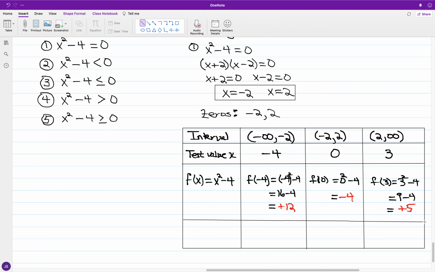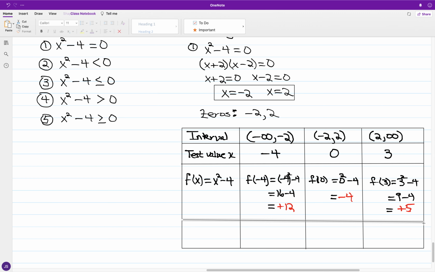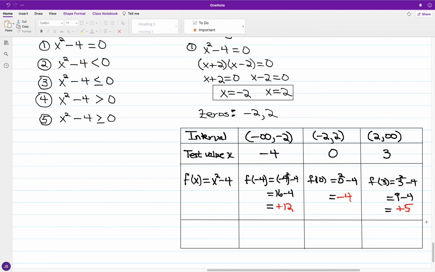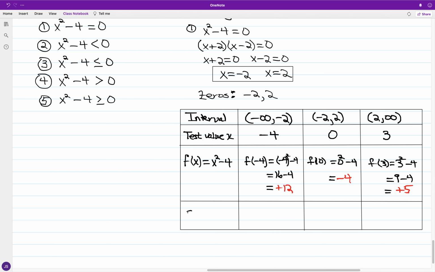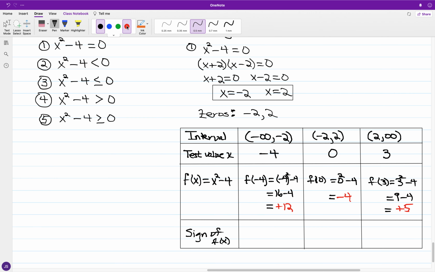In the case of the sign of f of x, anything you plug in less than -2, the function output is going to be positive, so f of x is greater than 0.